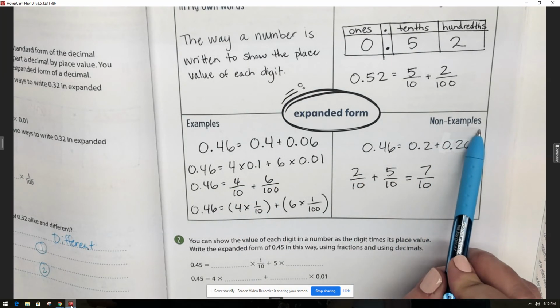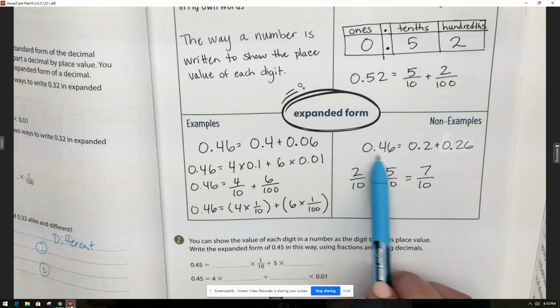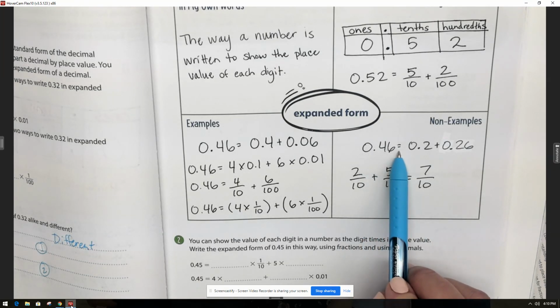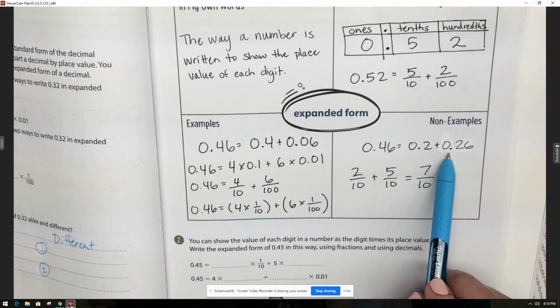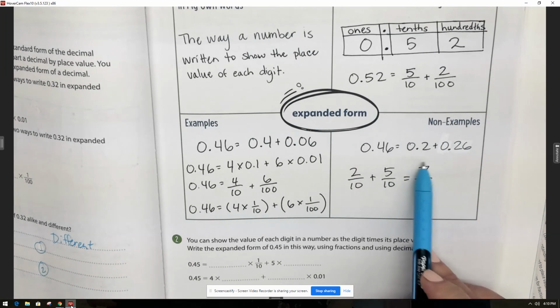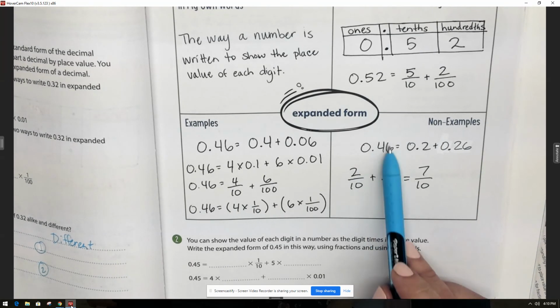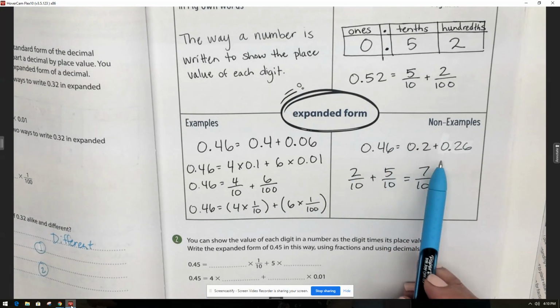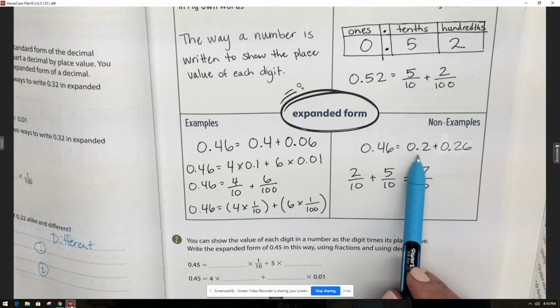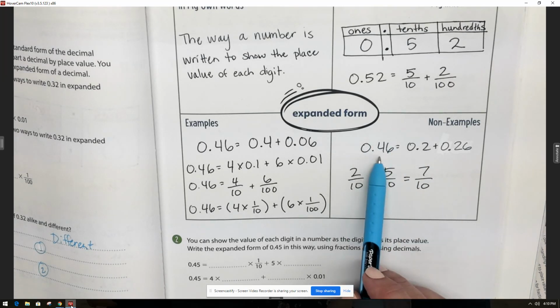Here are some non-examples. This one's really important to point out because if you added 2/10ths and 26/100ths together, you would get 46/100ths. However, that's not showing you expanded form. That's just showing you another way to add 2 decimals to get to the same answer.